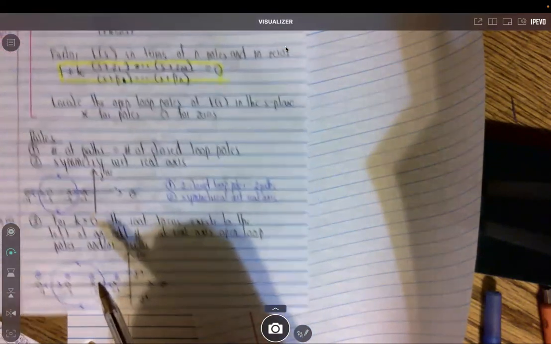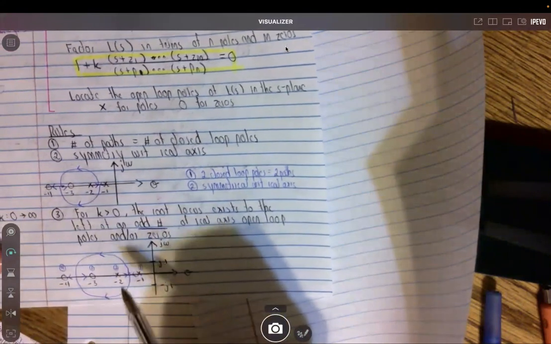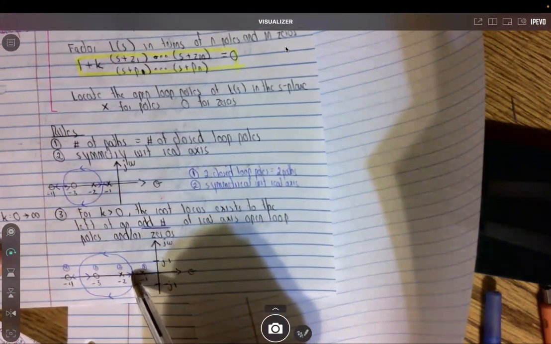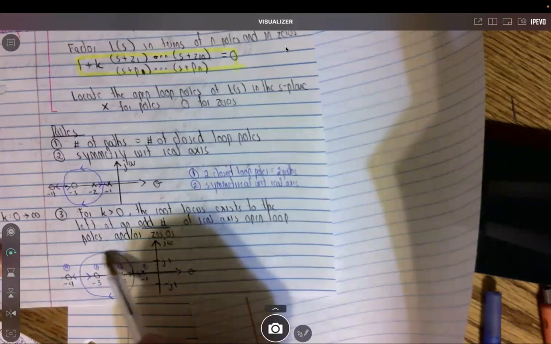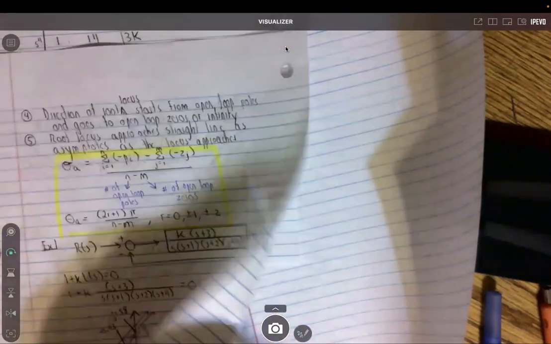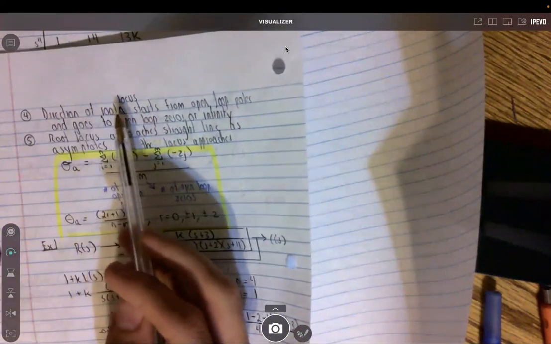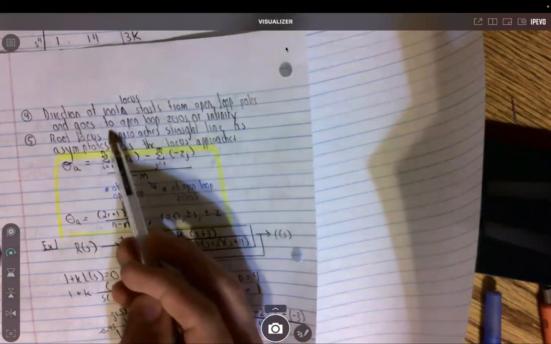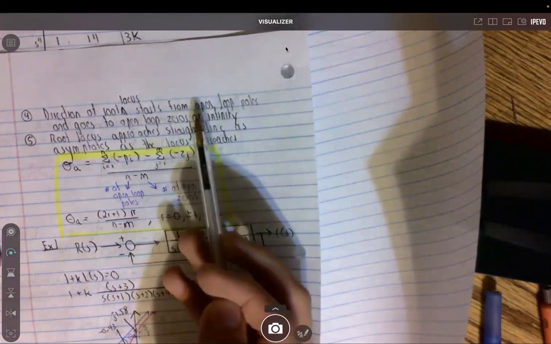And then because we're dealing with k from 0 to infinity, you're going to notice that the root locus occurs to the left of an odd number of poles. And now, number 4, the root locus is going to start from your poles and go to your zeros or infinity.